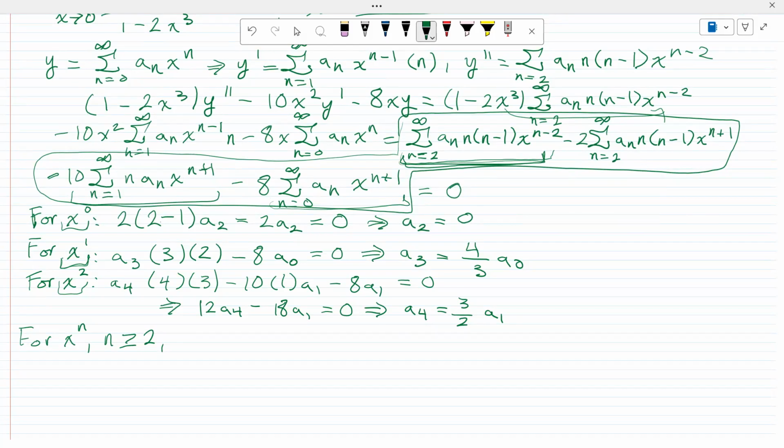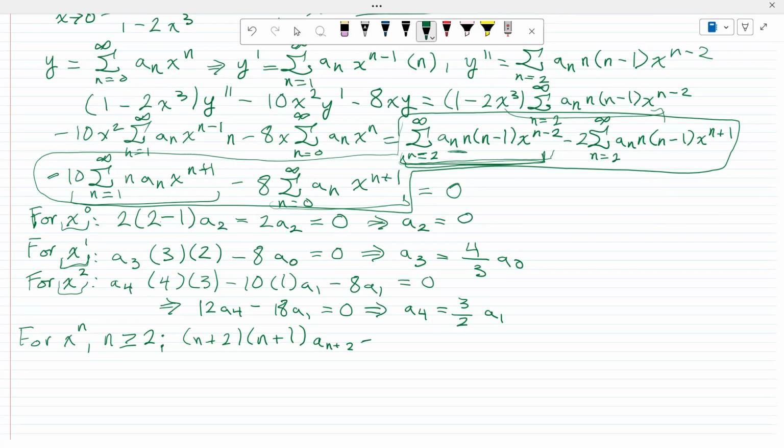Okay, so that will look like the following. n plus 2 times n plus 1, a n plus 2. So you can notice here we're just substituting in place of n plus 2. That's all we're doing.